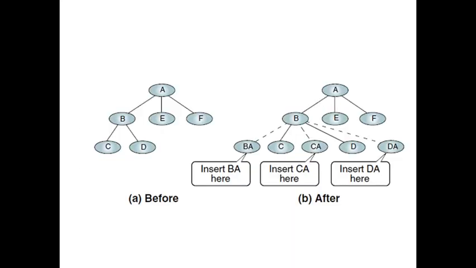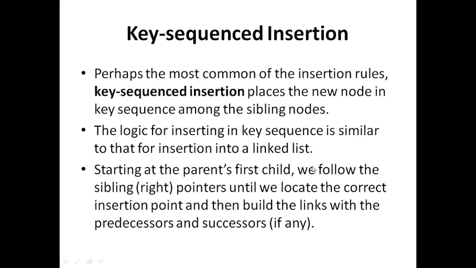Here it is shown. We wanted to insert BA, and the logical correct position for BA is here. Only then will it match with the existing elements. Similarly, when we want to insert CA, the correct position for CA is in between C and D. This is the third type of insertion, which is key sequenced insertion.